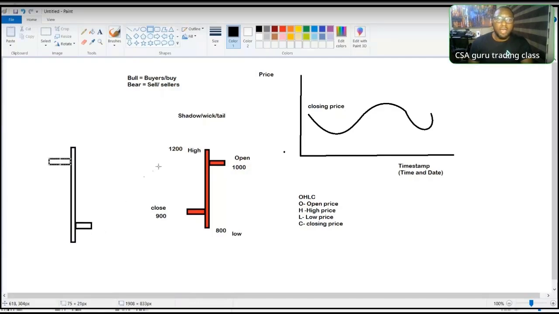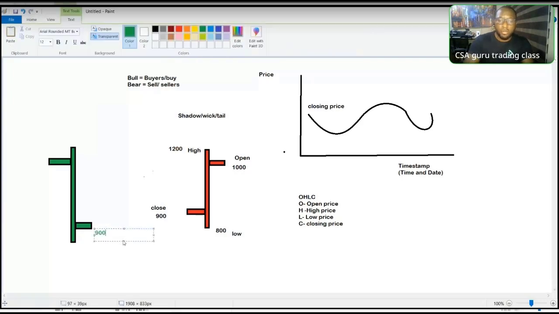So let's say the bull started from here, which is at 900.